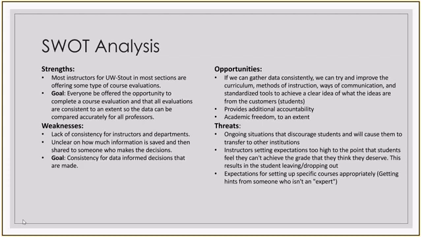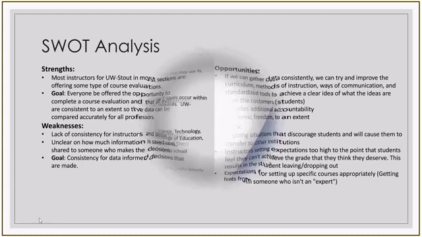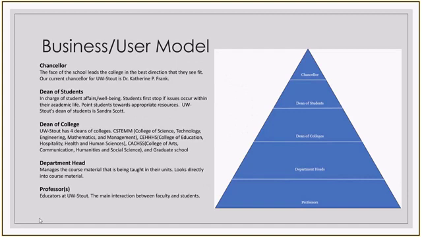So next we have the data model. All right, starting at the top of the data model, or the user model, we have the chancellor. Stout's current chancellor is Dr. Catherine P. Frank, and they're the face of the school, and they lead the college in the direction they see fit. Next, we have the Dean of Students, who is in charge of student affairs and well-being.